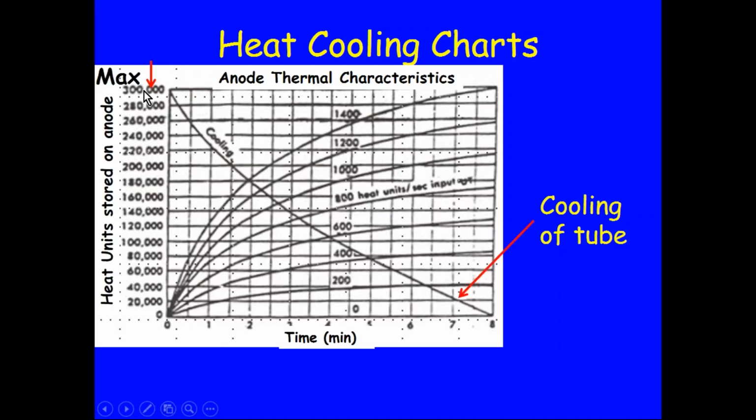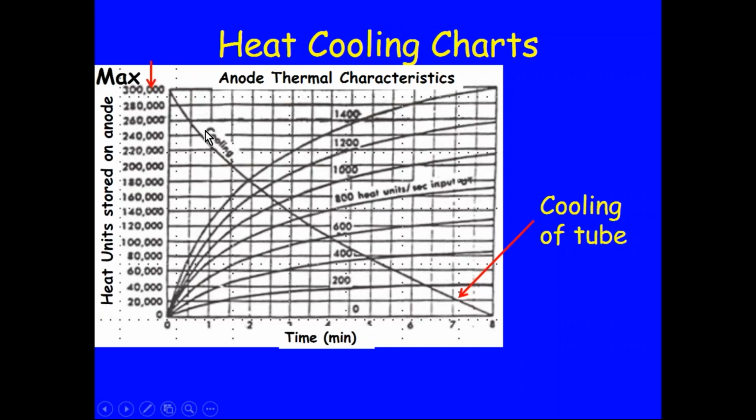So this is a pretty standard radiographic tube with a peak of 300,000 heat units. The cooling curve is the one indicated with the red arrow, and it assumes you had 300,000 heat units at time 0. In other words, you just finished giving the maximum, the tube is about ready to blow up, and it has its maximum heat stored on that anode.